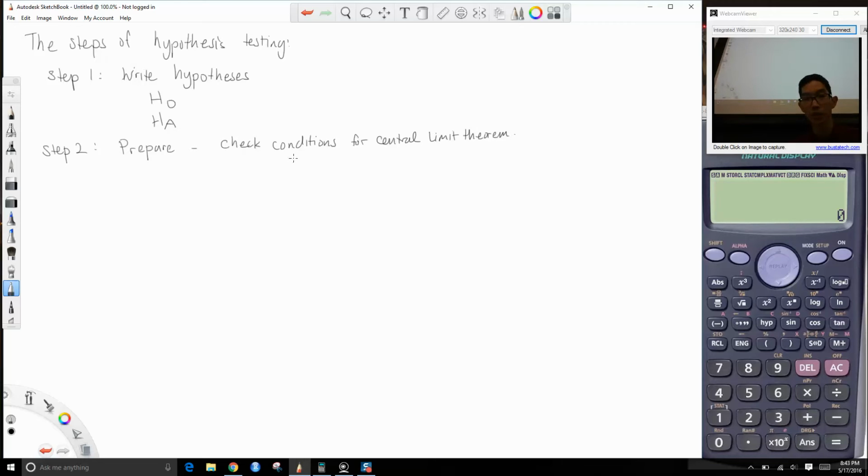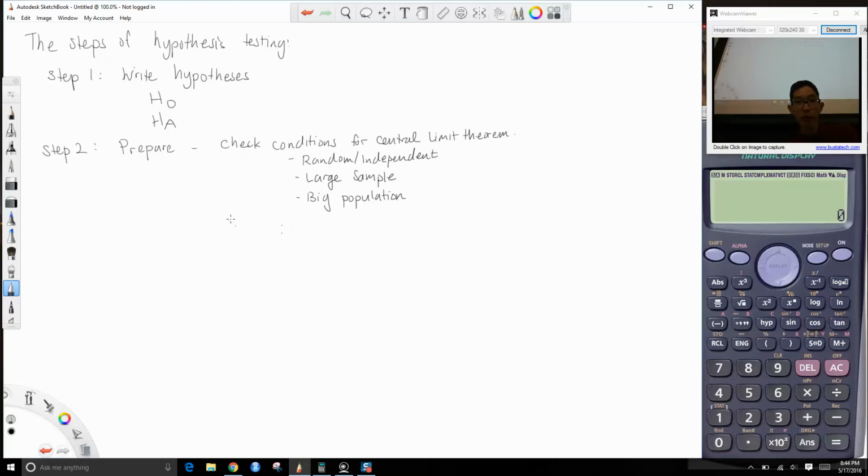Checking the conditions, that's going to include the random and independent condition. What else do we have? Large sample and big population. So we want to make sure that all of these conditions are met.